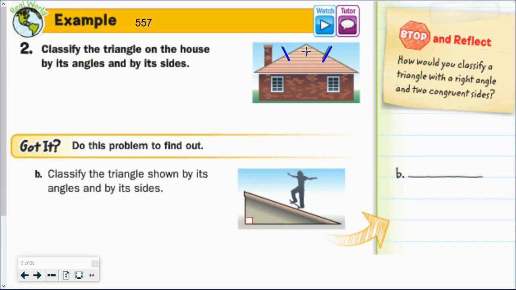Then if I take a look at this angle right here, the largest of the three angles, I can say, well, okay, how big is that angle? Is it an acute angle? Is it a right angle? Or is it an obtuse angle? Well, hopefully you're looking at that going, well, I think that's an obtuse angle. You can always take the corner of a paper and lay it along one side. Let's say this one.